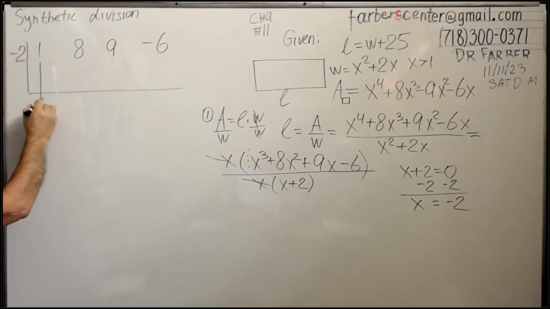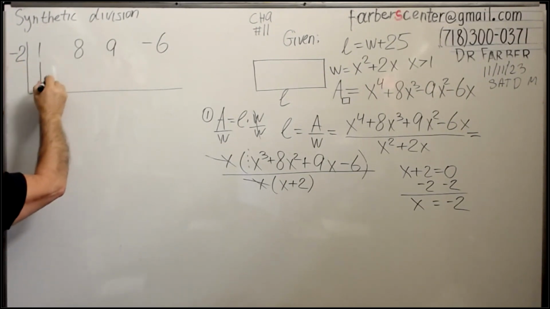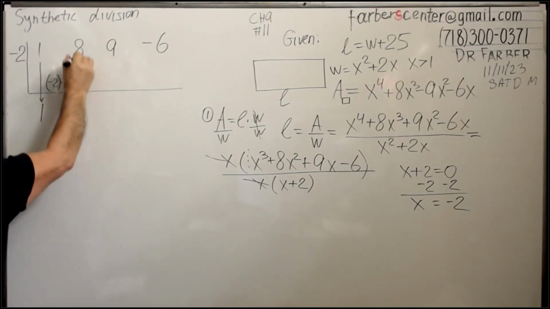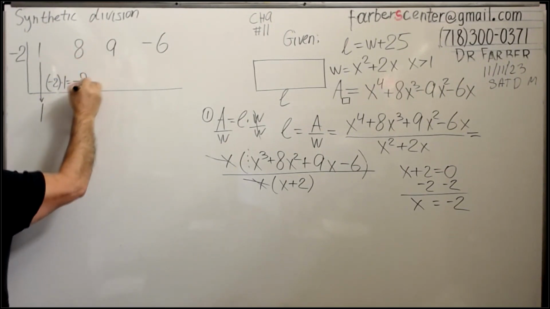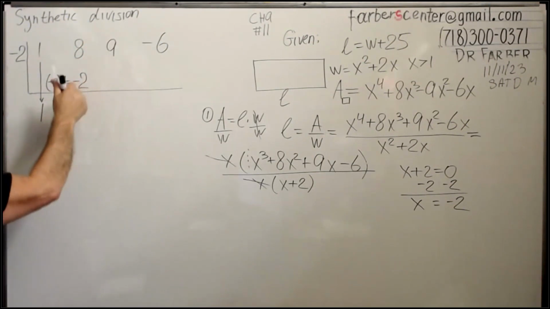So bring down 1 and next: -2 times 1 will be -2. Line up. 8 plus -2 is 6.